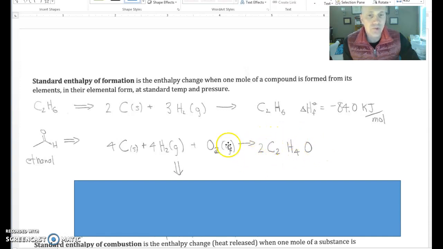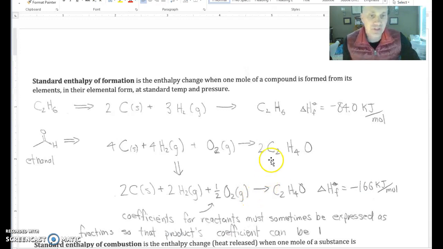So whenever you have a situation like this, you want to do something which we're not used to seeing in balanced equations, which is we're going to end up representing some of our reactants and products as fractions. So to get this as 1, we're going to divide everything by 2. When we divide both sides by 2, notice the 2 becomes a 1 here, and everything else gets divided.